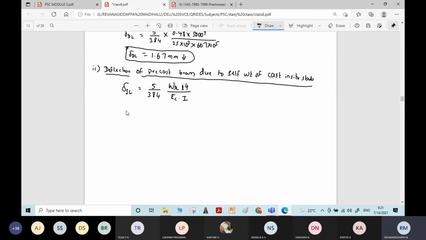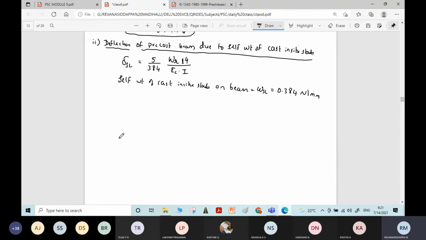WSL is given, the self weight of cast in situ slab on beam, WSL is equal to 0.384 Newton per mm.